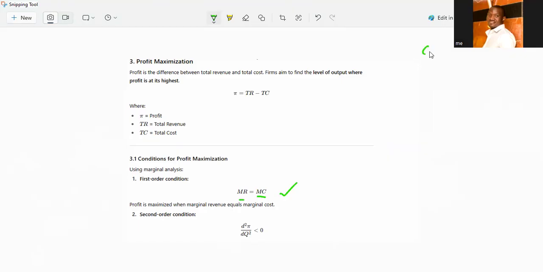So under cost theory, you must understand that costs are divided into two. The total cost is simply equal to the fixed cost plus the variable cost. The fixed costs are constant. Variable costs are variable.